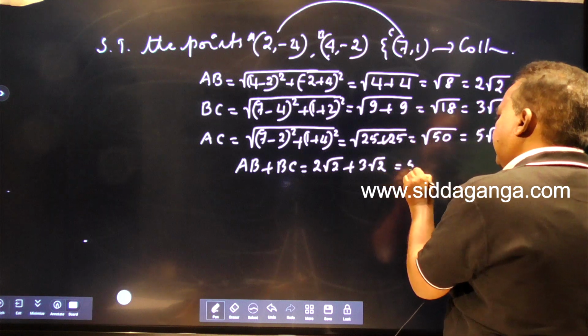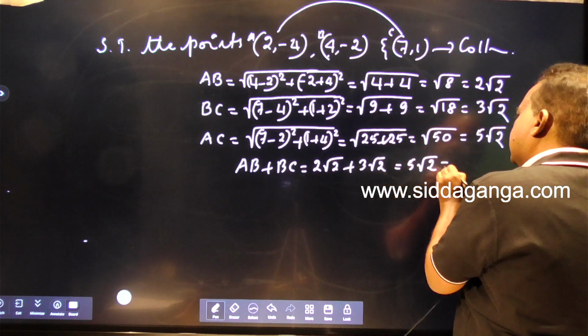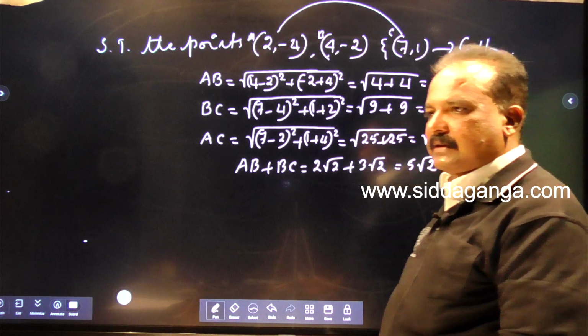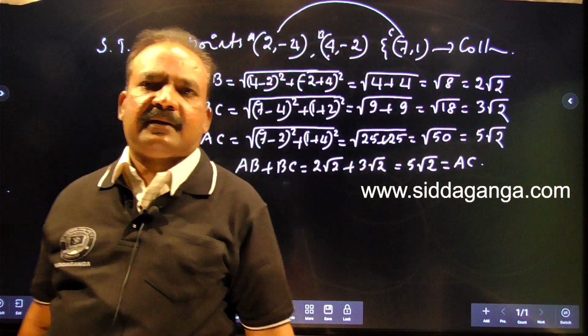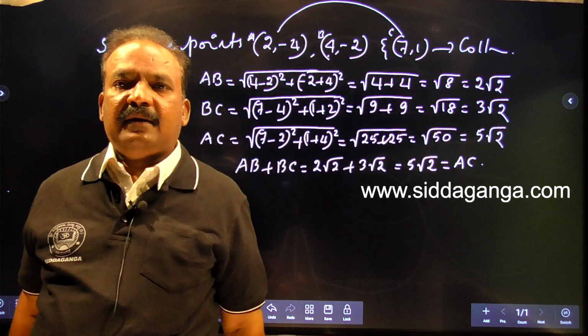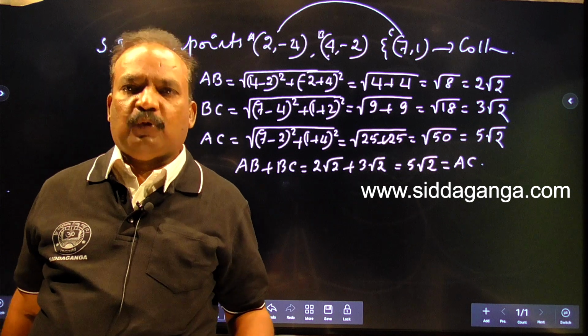That must be equal to 5 root 2, which is same as AC. Therefore, sum of any two distances is equal to the third distance. We can say that the points are collinear. The given points are collinear.